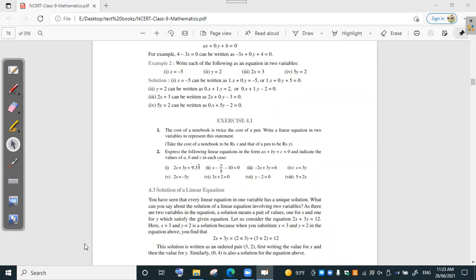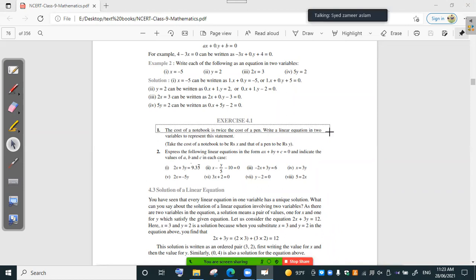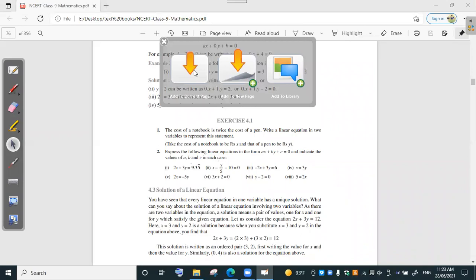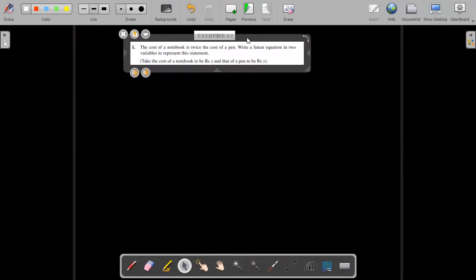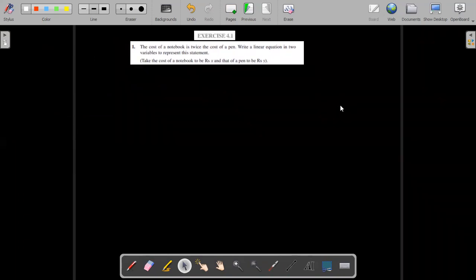We have to convert it into linear equations in two variables.